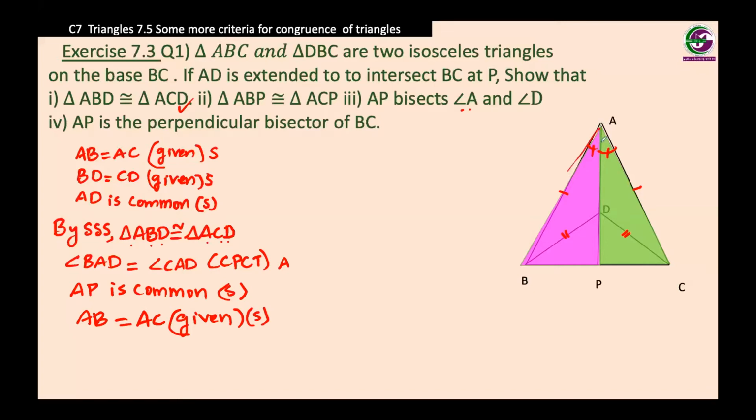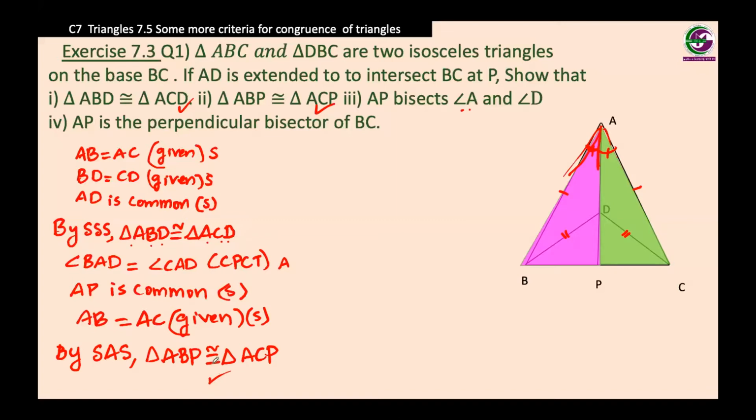The side AB with AC, then an angle, and the side AP. So side, angle, side. By SAS, triangle ABP is congruent to triangle ACP.